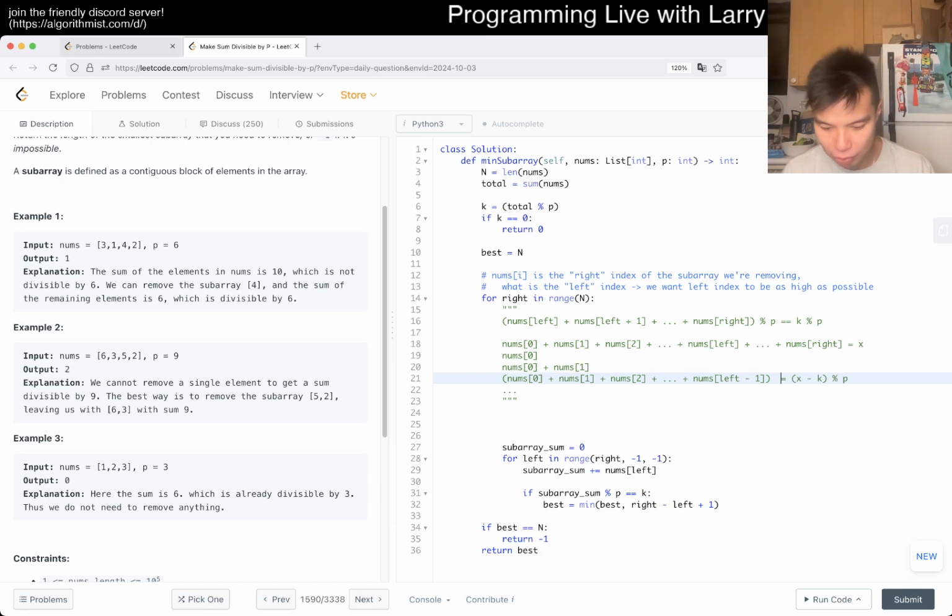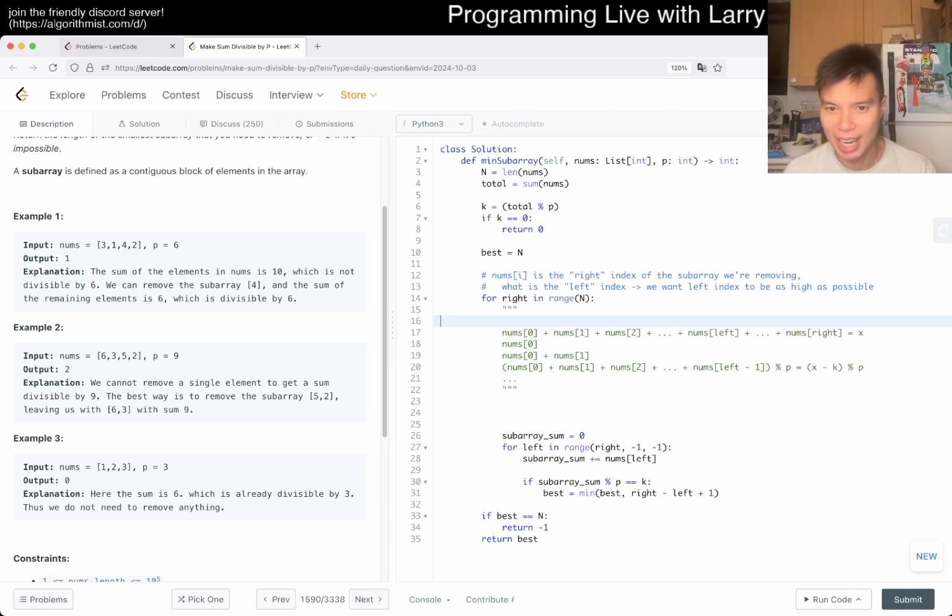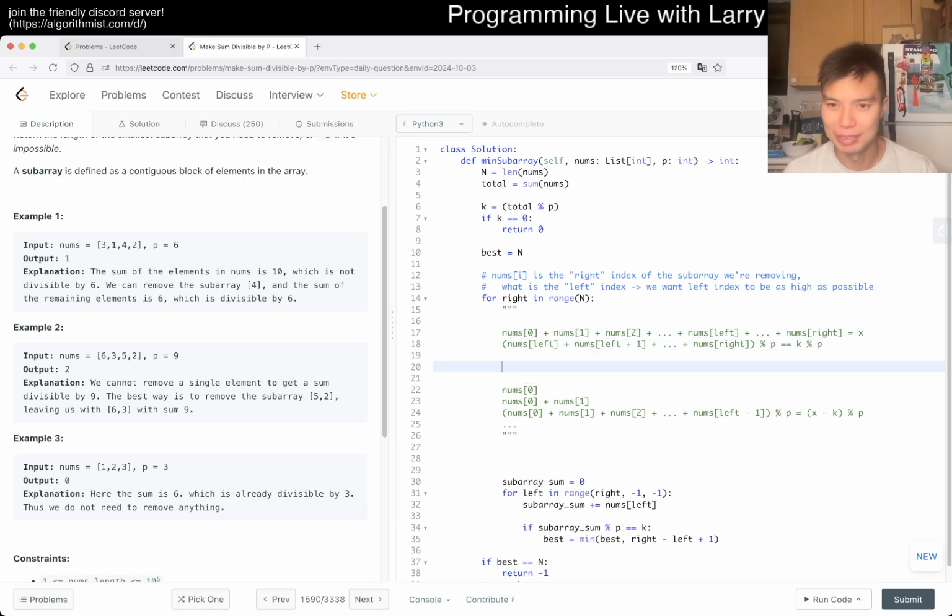So to go over it again, we have this number which we can calculate in a prefix kind of way. We're trying to figure out this number. If you subtract this from this, and they're all mod p, then this is what you get.